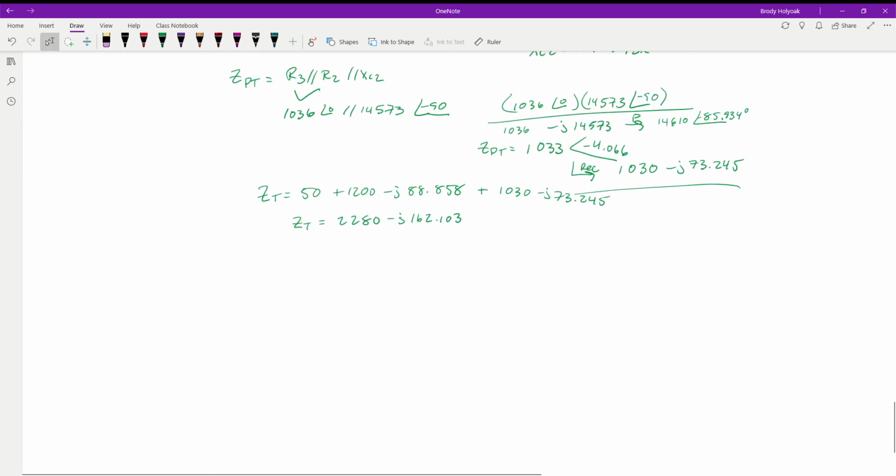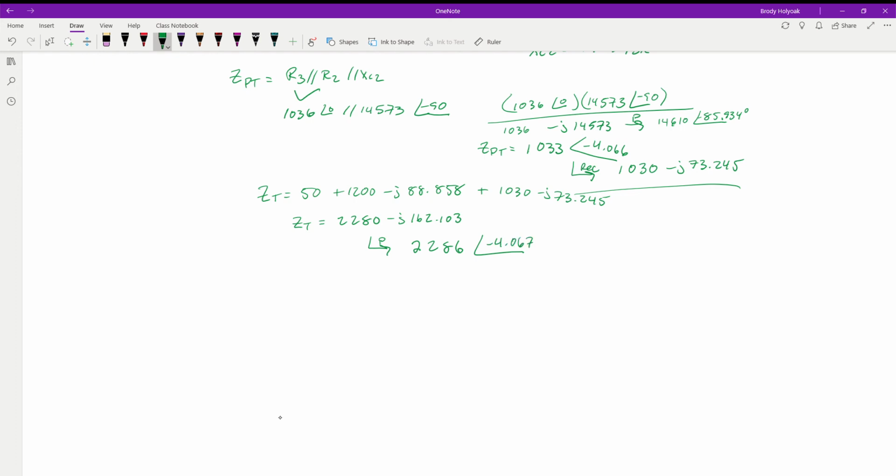So now we're going to take this value and convert it back into polar because we're going to be dividing it. We have 2280 and a negative 162.103. So that gives us a grand total of 2,286 ohms at an angle of negative 4.067.